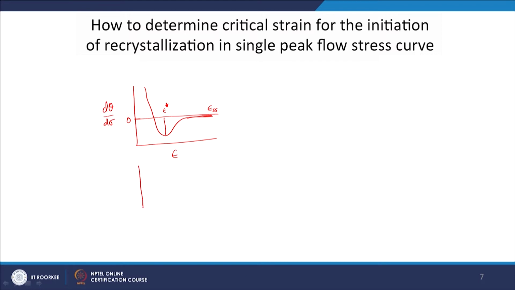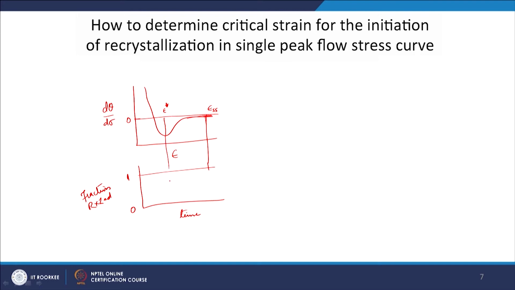And this also gives me information about the kinetics of the deformation. Where it is reaching the steady state strain, at that point I will be completing my recrystallization process. So, this is 1, this is 0, this is fraction recrystallized, and this is time, and somewhere here it will complete 50%.